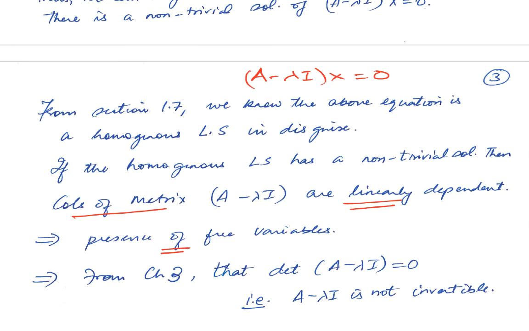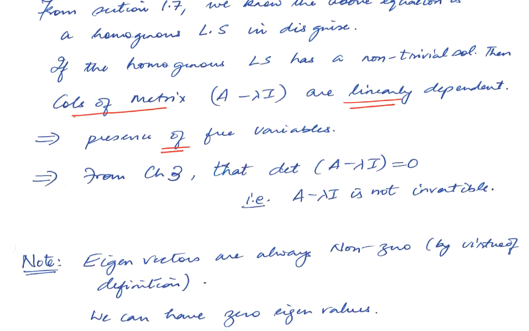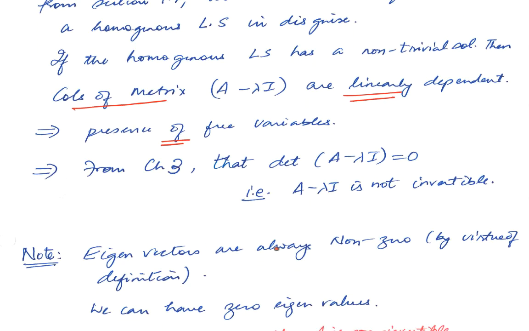So what's the important part here? That eigenvectors are always non-zero, and this is because of the definition of eigenvalues and eigenvectors. So the question is, can we have 0 eigenvalues? Yes, we can have 0 eigenvalues. There is a theorem related to it. Let's look at the theorem.